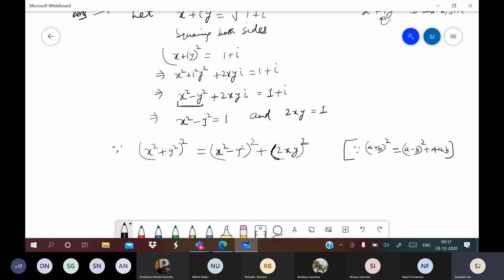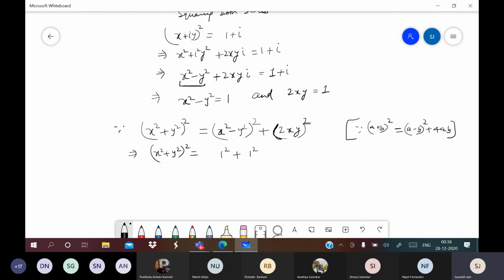A is x square, and what is b? B is y square. Okay, so this is the identity. Now put the values that you have. So you have both the values on the right hand side. In place of x square minus y square, you will put 1. In place of 2xy also you will put 1. And this (x square plus y square) whole square comes out to be 2.